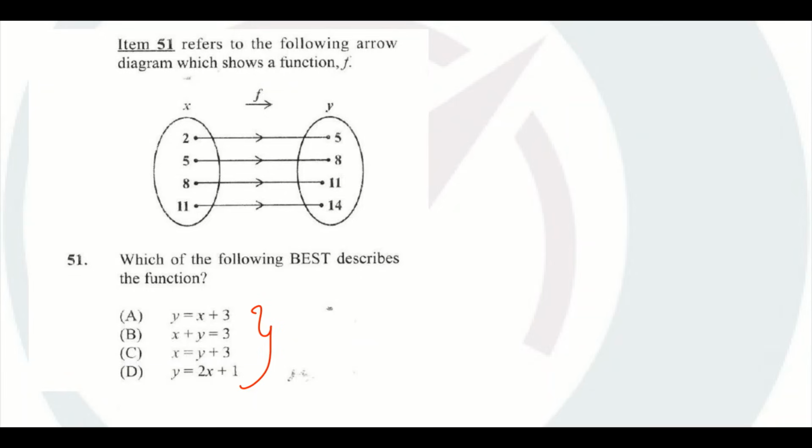So if x is 2, what would you get? 5. So we add 3. Let's check if that works for everything. 5 plus 3 is 8. 8 plus 3 is 11. And 11 plus 3 gives you 14. So therefore, y is equal to x plus 3. And you could have tried the other equations to see which one it was if it wasn't the first option.